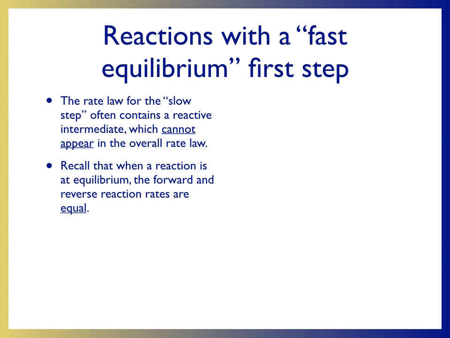We can use a shortcut learned from equilibrium. One of the conditions for a reaction to reach equilibrium is that the rate for the forward reaction must equal the rate for the reverse reaction.